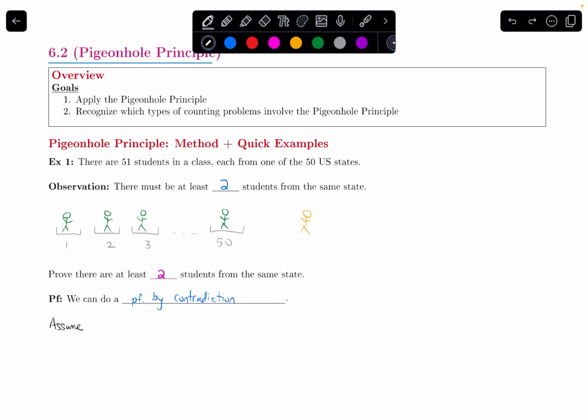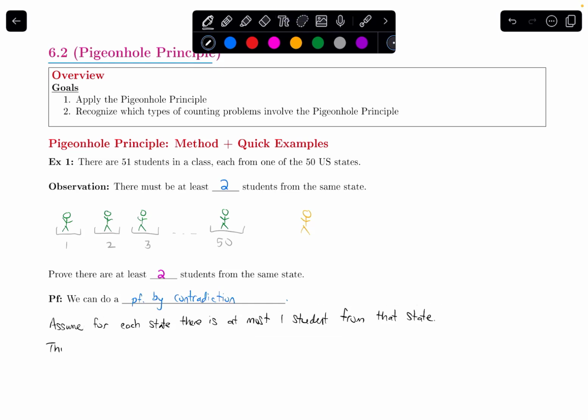I'm going to assume that for every state, there is at most one student from that state. Because at least 2 means 2 or more, 2 or 3 or 4 or more. So negating that would be 1 or fewer, which is at most 1. So I'm assuming that there's at most 1 student from each state.